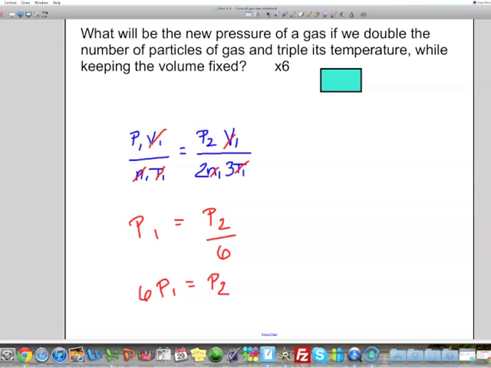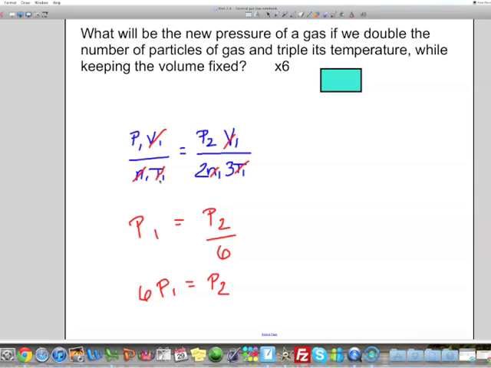You'd say a volume. Okay, let's pretend it's 1 liter. Well, if I use 1 liter here, I said that my volume did not change, so I would put 1 liter on this side. If I said 1 mole on this side, but we said that the moles doubled, I would have to put 2 moles on this side. And the temperature, I put a value of 300 Kelvin to use an easy number to work with.